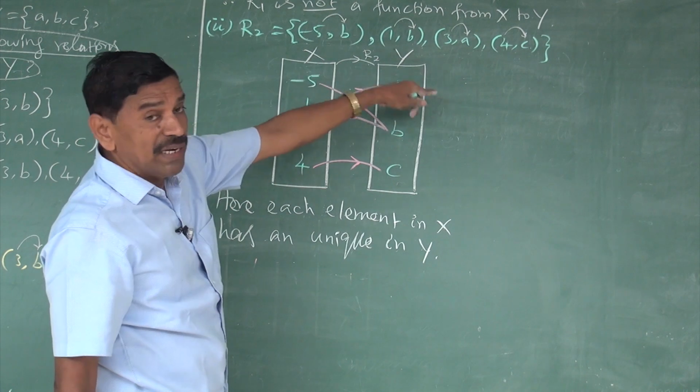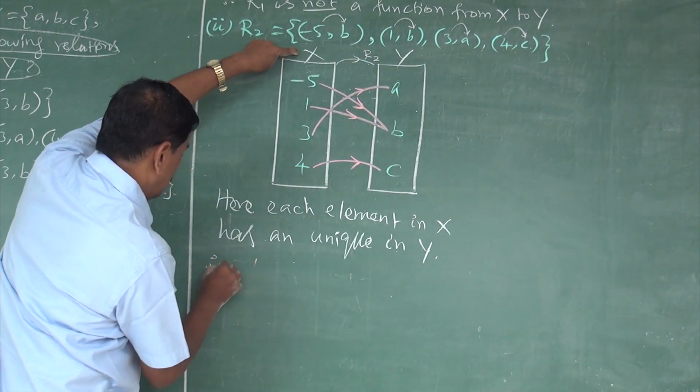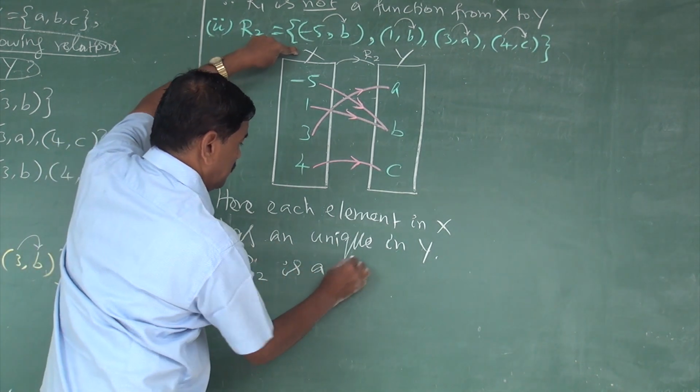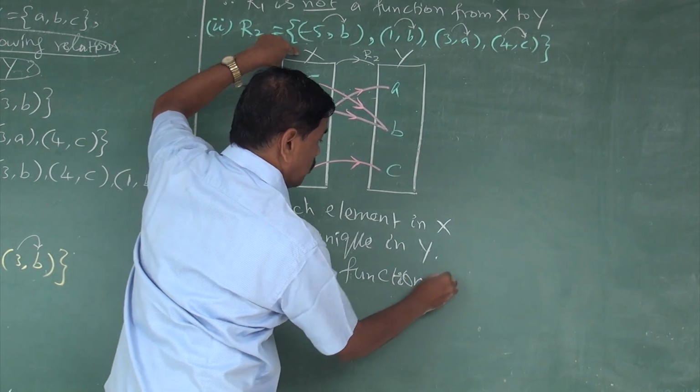Otherwise, one can write in sentence form: therefore, R2 is a function from X to Y.